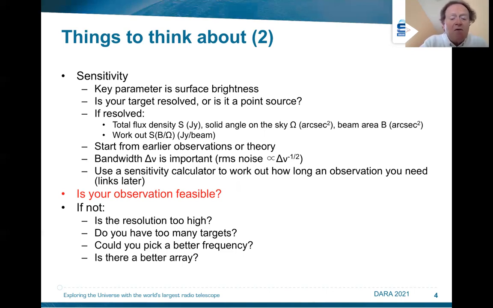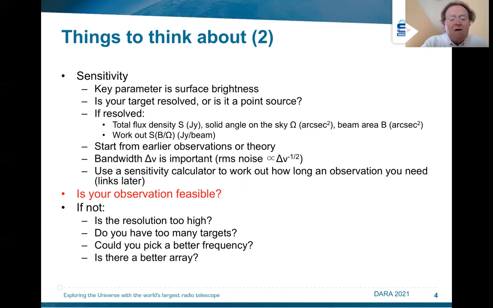That depends again on whether you're doing continuum or spectral line work. And this factors into the sensitivity because the RMS noise is proportional to the inverse square root of the bandwidth. So the bigger the bandwidth, the lower the noise level. All observatories will give you a sensitivity calculator to work out how long an observation you need, and I'll give you a list of links later.